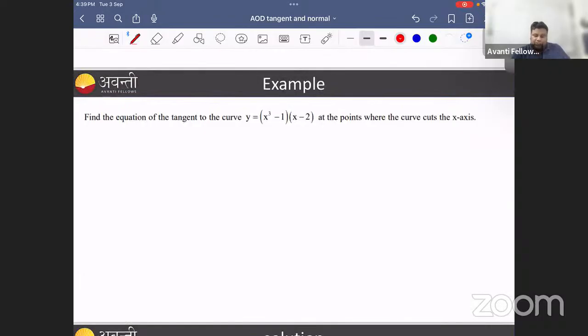Find the equation of tangent to this curve y equals x cube minus 1 into x minus 2 at the points where the curve cuts the x-axis. Okay, take a moment. First of all, find the points where this curve is crossing the x-axis. Find the points where this curve is intersecting the x-axis.